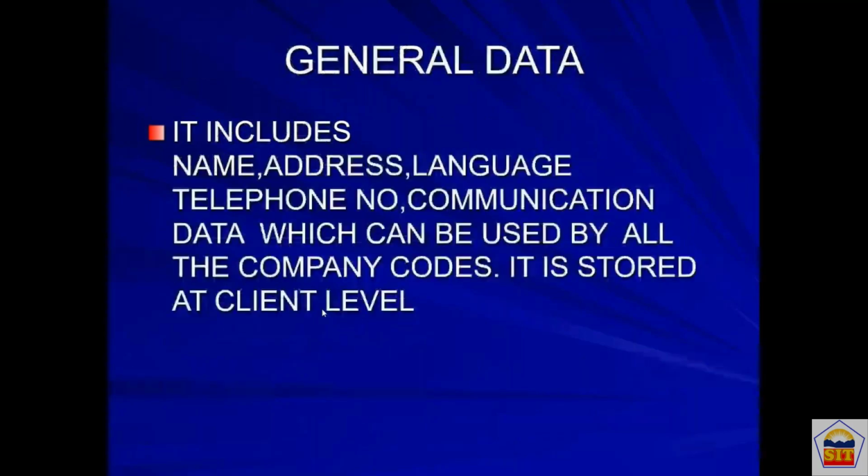So what is general data? As I just shared, general data means your vendor's name, address, language, telephone and communication data, which can be used by all the company codes, and it is stored at client level.